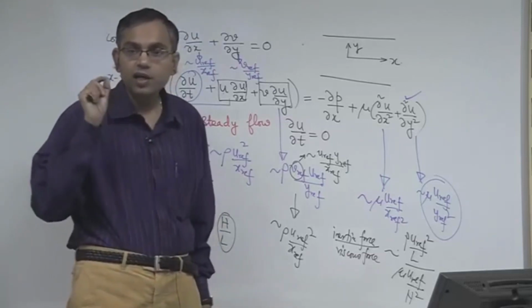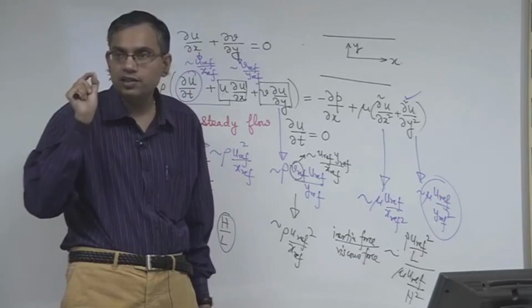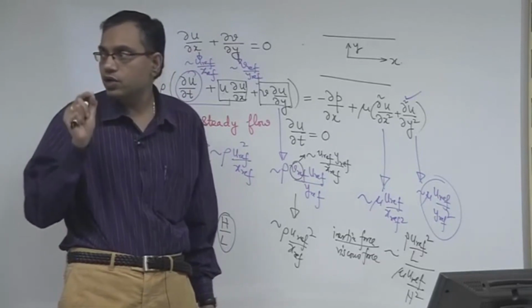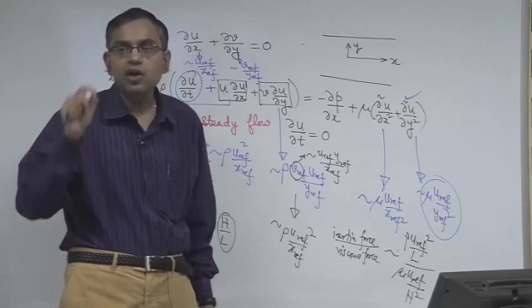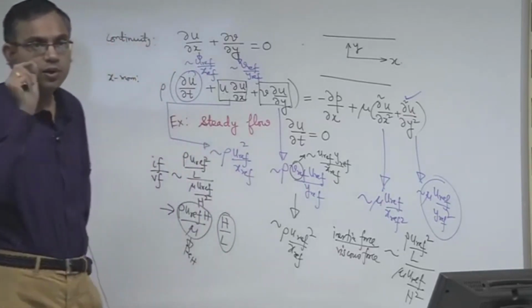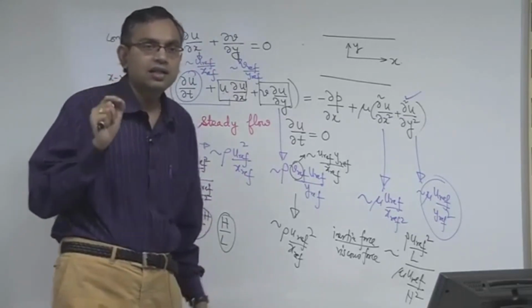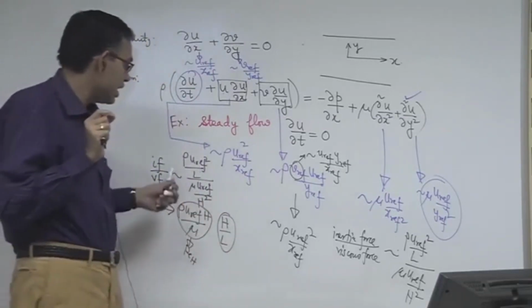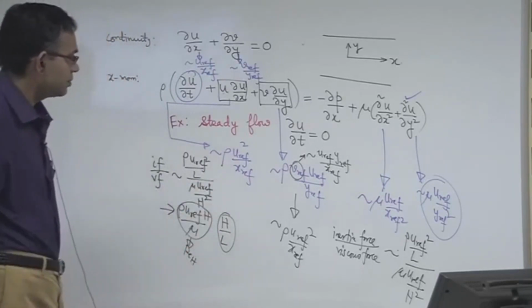This is the very important take-home message: it is not the Reynolds number alone that we are bothered about, but the product of Reynolds number and h by L. So, even if the Reynolds number is not too small, but the product of Reynolds number and h by L is small, then the inertia force may be negligible as compared to the viscous forces.